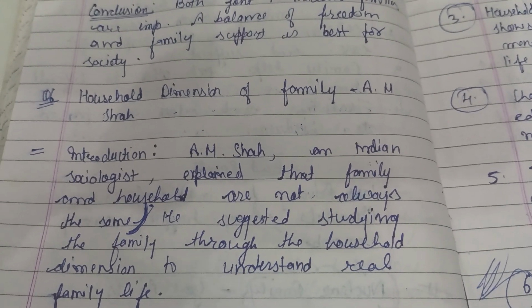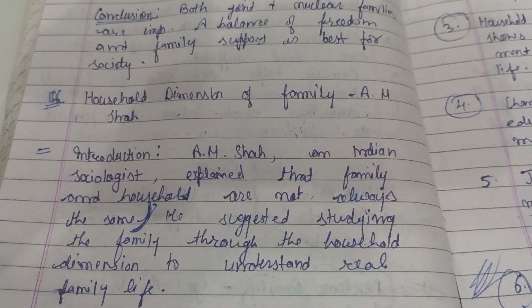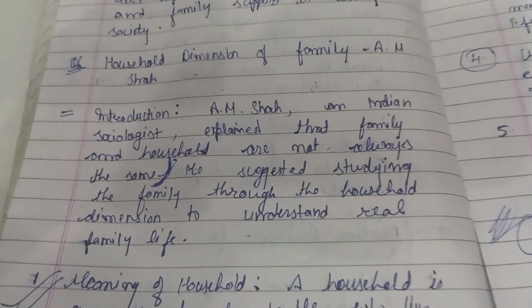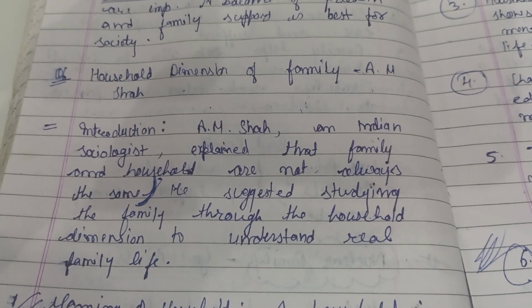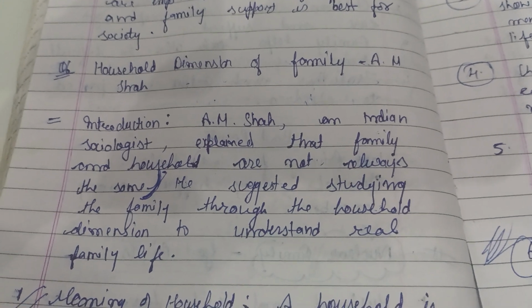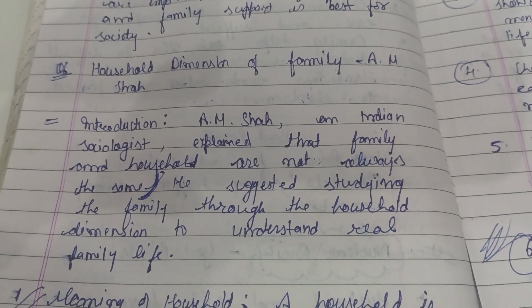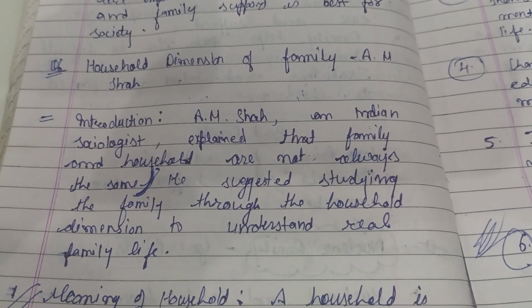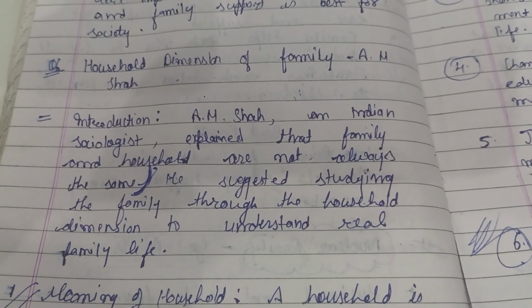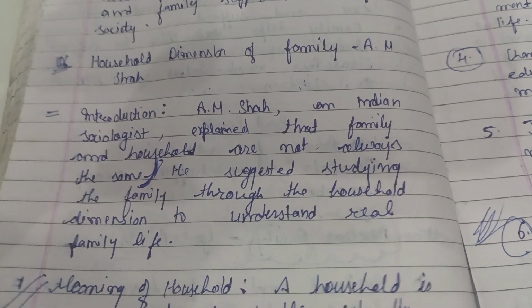Sixth question: household dimension of family. A. M. Shah. Introduction. A. M. Shah, an Indian sociologist, explained that family and household are not always the same. He suggested studying the family through the household dimension to understand real family life.